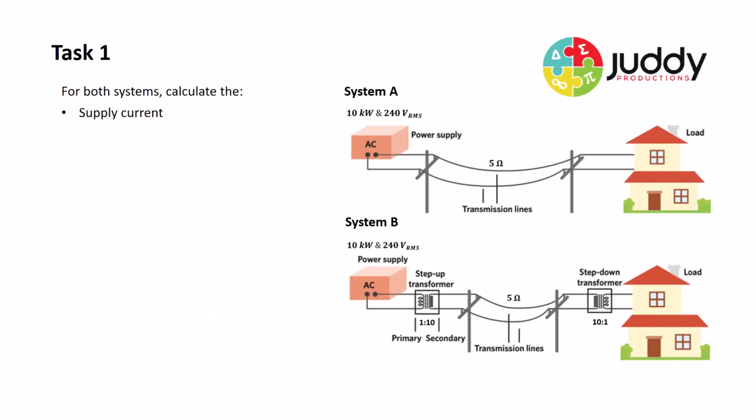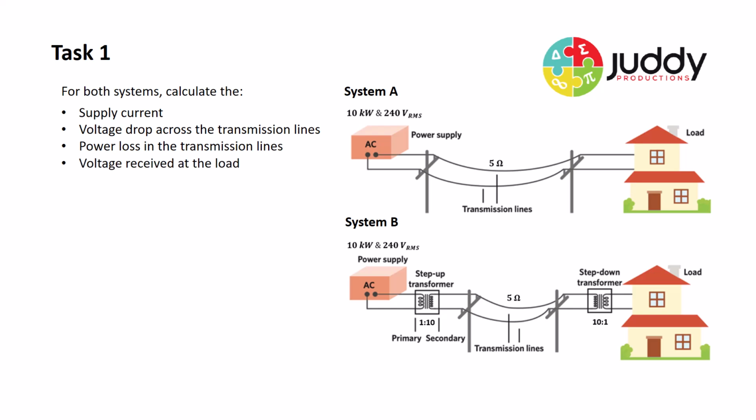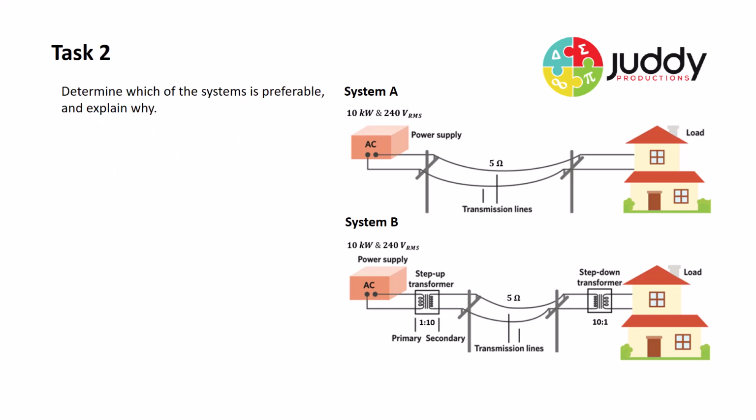And for both systems, we want to calculate the supply current, the voltage drop across the transmission lines, the power loss in the transmission lines, the voltage received at the load, the power received at the load, and the percentage power loss. In addition to these calculations, we have a second task. We wish to determine which of the systems is preferable, and we wish to explain why. So let's now investigate the calculations for both System A without transformers and System B with transformers.